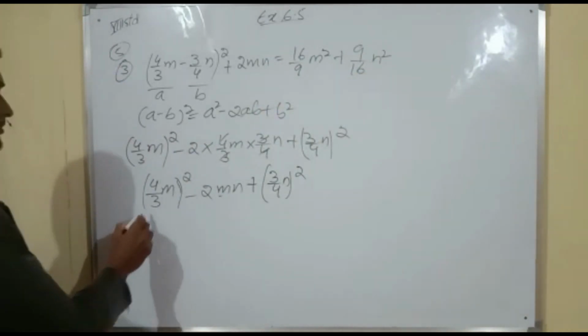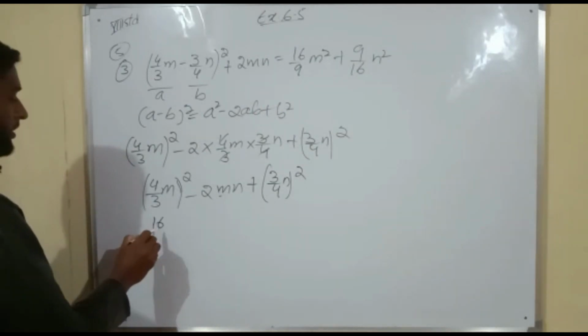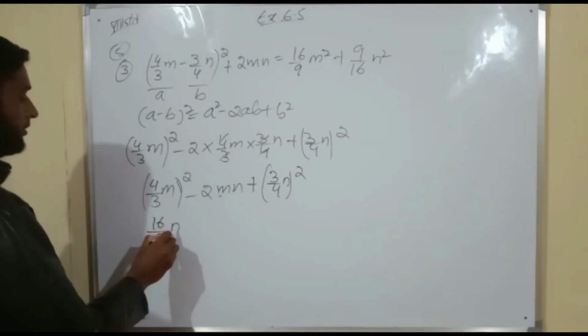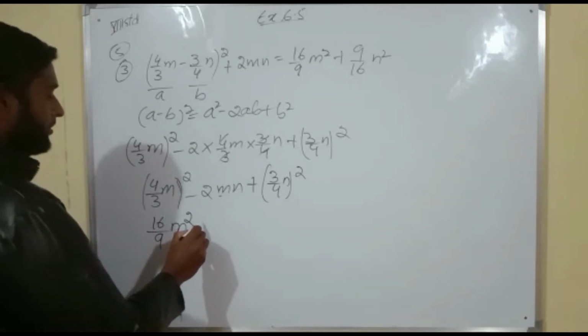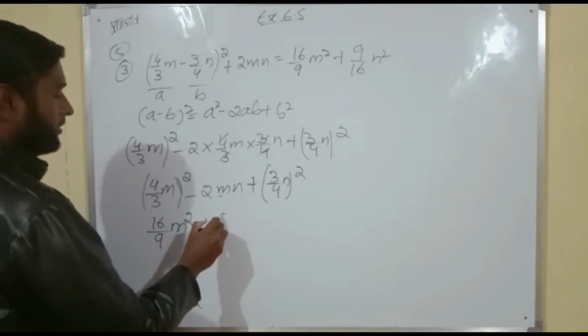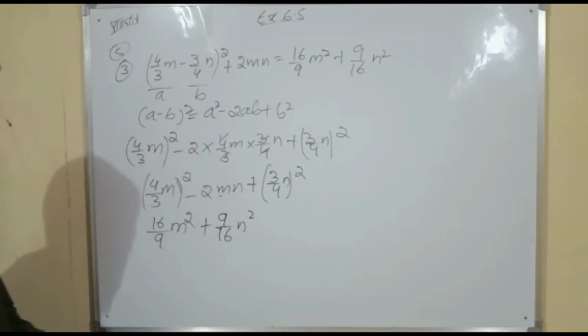Now 4 by 3 whole square is 16 by 9 m square, and again plus 9 by 16 n square.